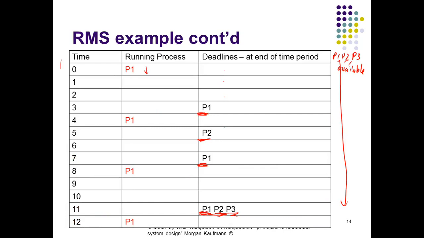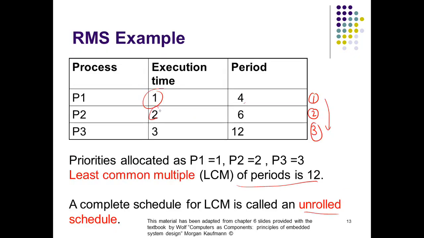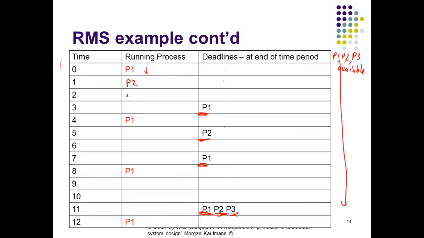I run P2. P2 takes 2 periods, so I'm going to run P2. And then I'm going to have nothing else to run, so I might as well run P3. Now, you can see that P1 has suddenly become available, so I'm going to run it again. What do I run at this point in time? P2, P3. Hands up for P2.